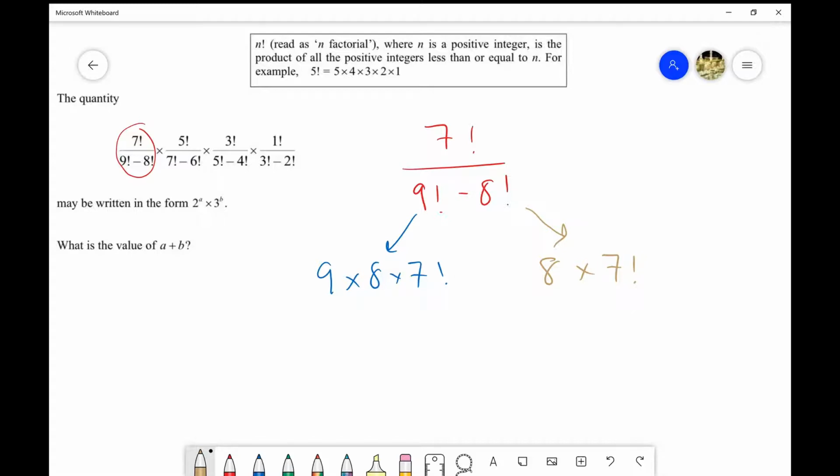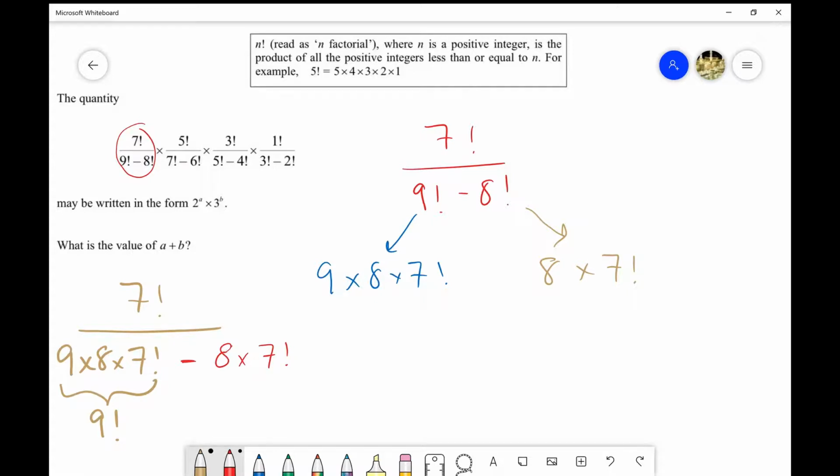The 7 factorial over 9 factorial minus 8 factorial will turn into 7 factorial divided by 9 times 8 times 7 factorial. Remember, this bit here is just 9 factorial, and take away 8 factorial, which is 8 times 7 factorial.